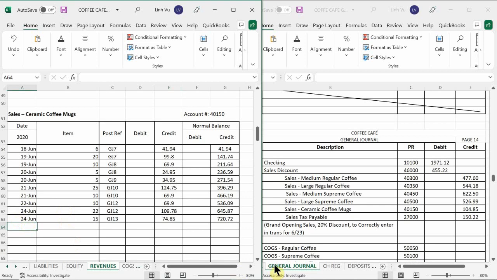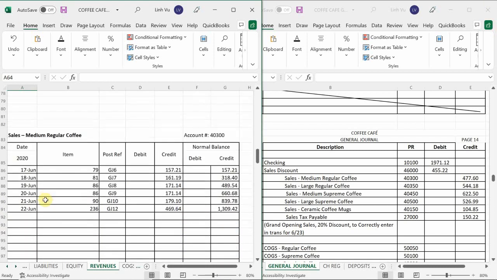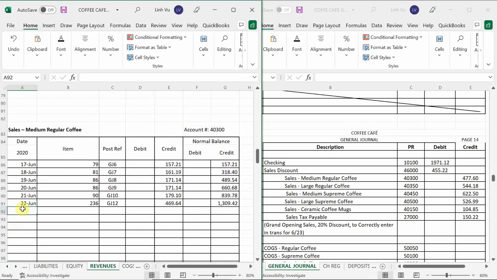But I'm just going to still use the same date here for the medium regular coffees, even though we haven't recorded the sales on the 23rd, on the 24th yet. You could go ahead and do it. Just make sure that you understand what this is. So there you go, I'll put the 23rd.